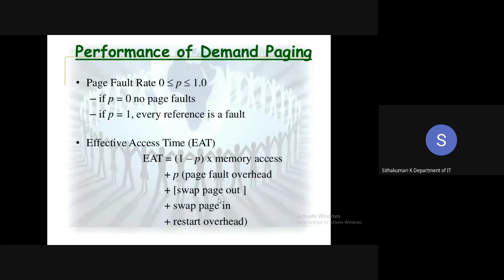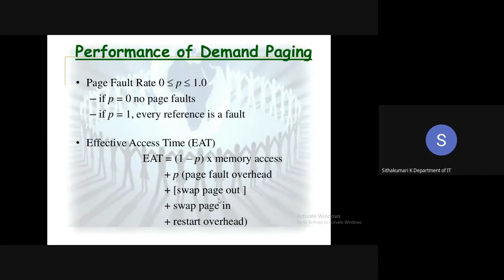Coming to the performance of demand paging, if P is the probability of page fault, the probability should be very close to 0 if you want better performance. P can be between 0 and 1. If P is very close to 0, then the effective access time will be less.